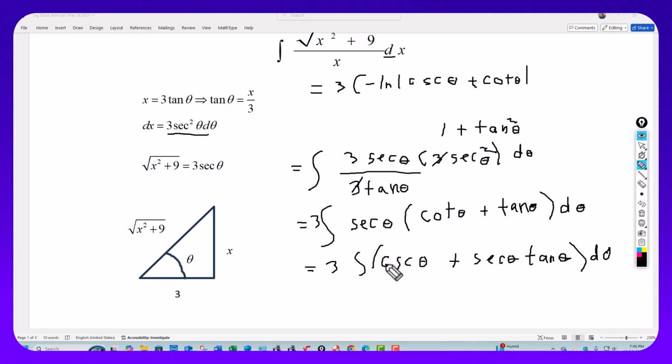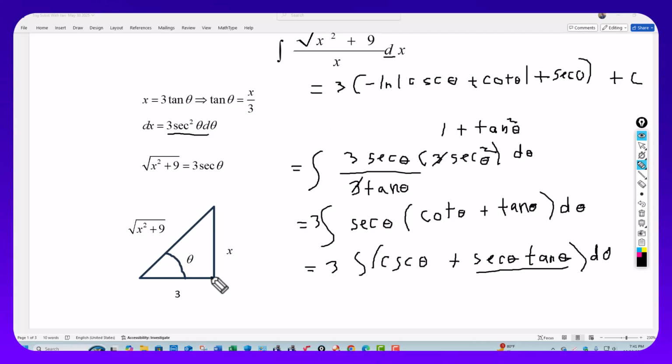So again, the integral of cosecant theta is given by this formula here: minus the natural log of the absolute value of cosecant of theta plus cotangent of theta. And then for this one here, the derivative of secant is secant tangent. So we know then that the integral of secant theta tangent theta is secant theta, plus the constant of integration.